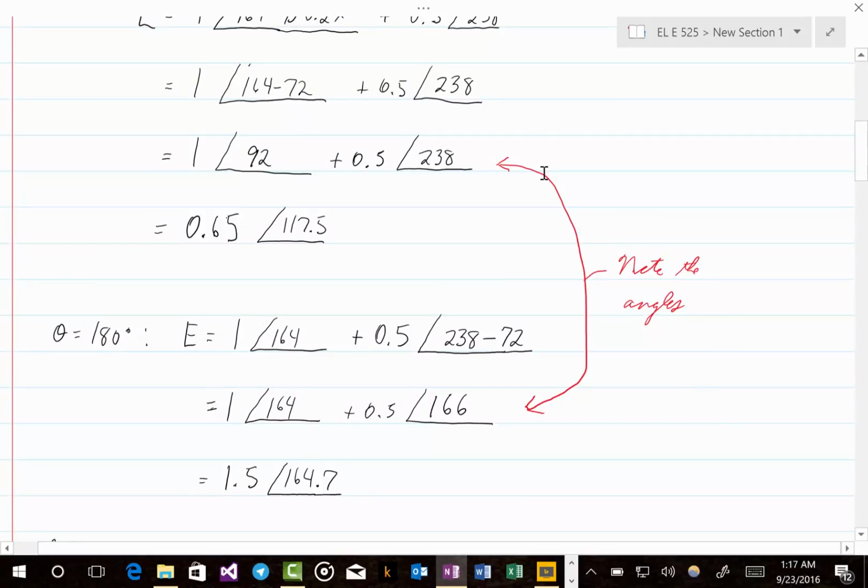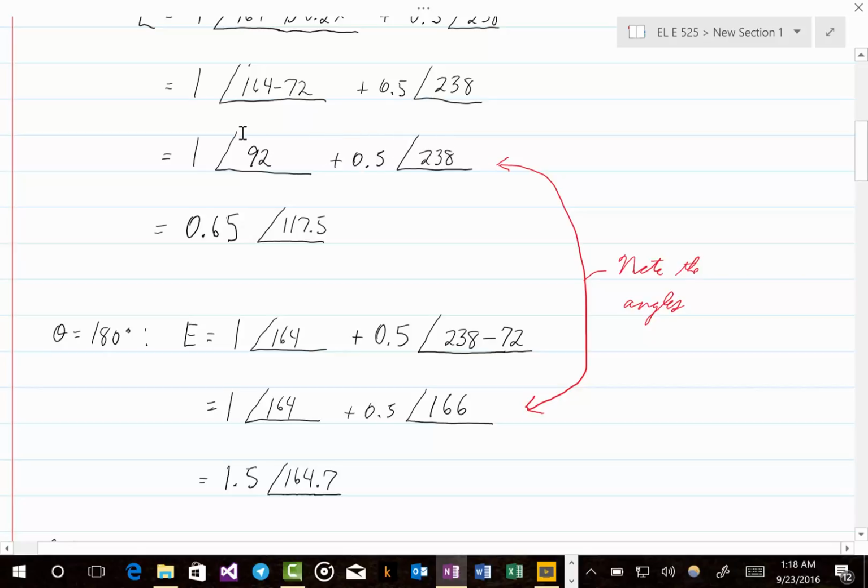Notice that when we calculated the pattern in the 0 degree direction, after we included the phase shift, we came up with one phasor here at an angle of 92 degrees and another phasor at an angle of 238 degrees. Now these two phasors are certainly not in opposite phase of each other, because for that to be the case, they would have to have a 180 degree difference between them, and there isn't.